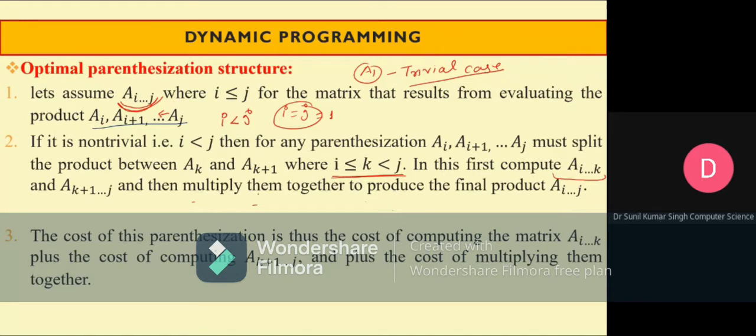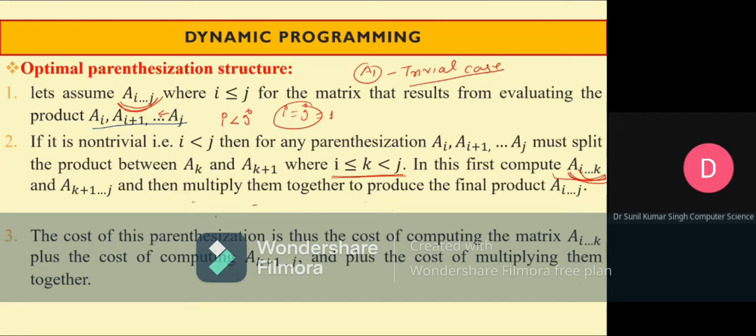So look at here, when we split it into Ai to Ak and Ak+1 to Aj, whatever computation is required will be done, and that will be represented with Aik.